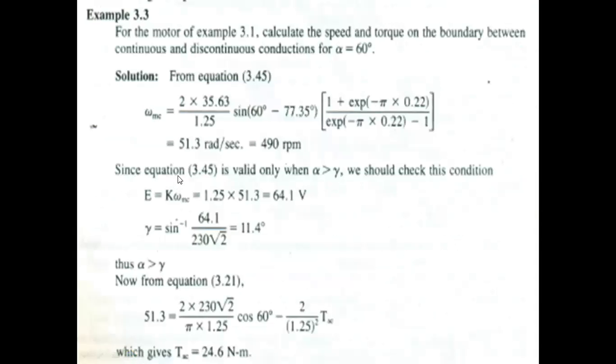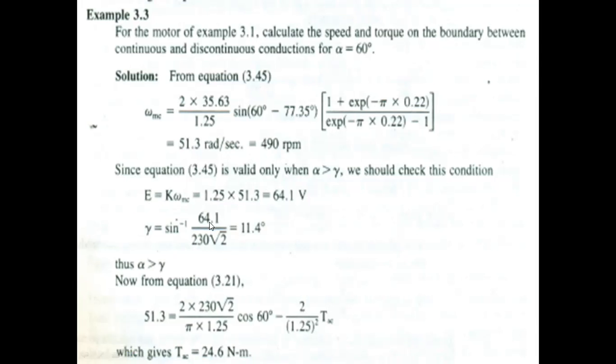Next, equation 3.25 is valid only when alpha is greater than gamma. So we should check whether alpha equal to 60 degrees is greater than gamma. First we find the gamma value. Gamma is sine inverse of E by Vs, where Vs is 230 root 2.